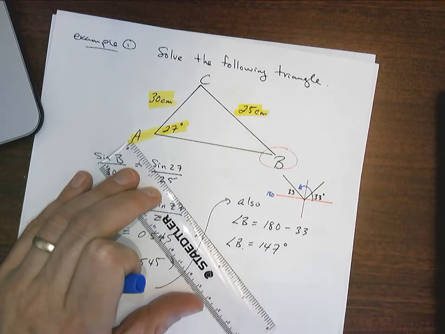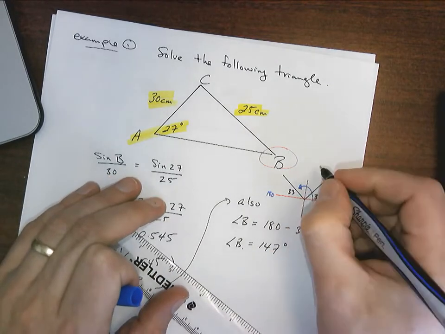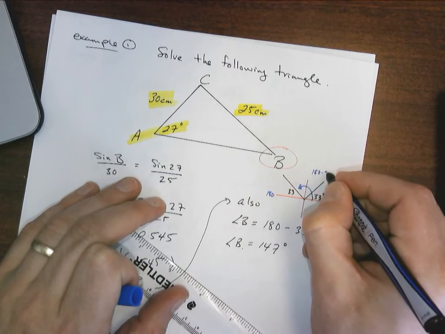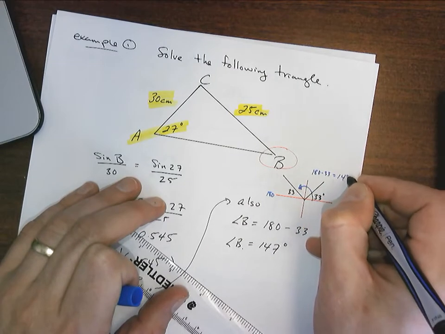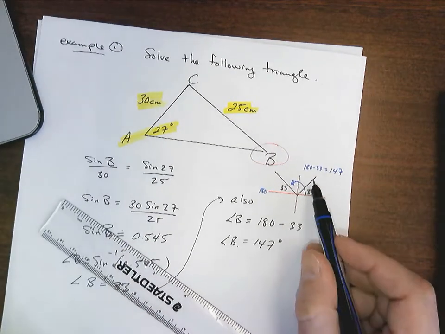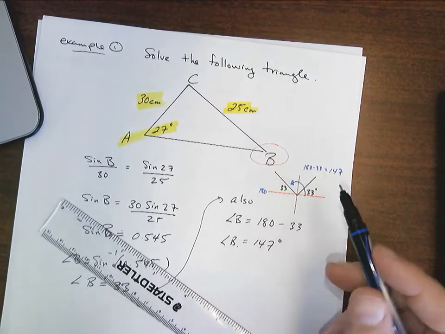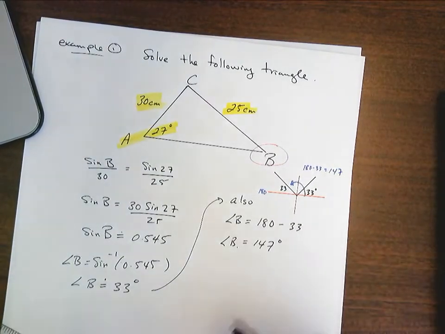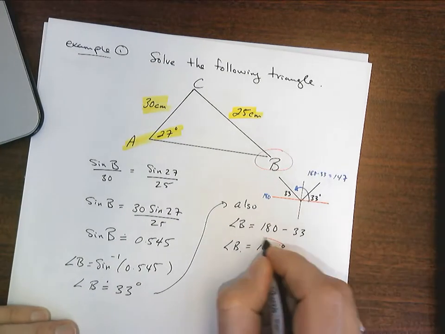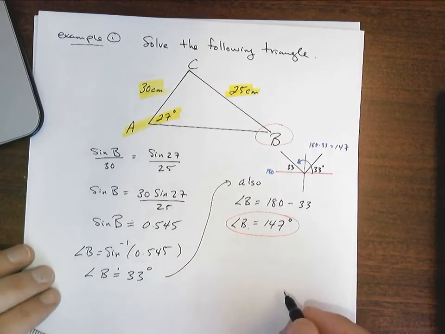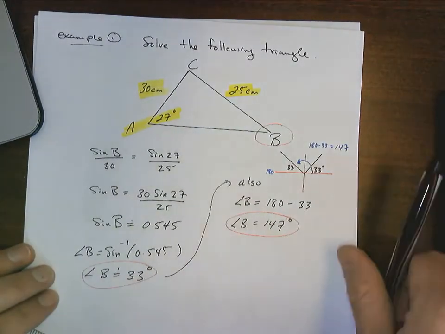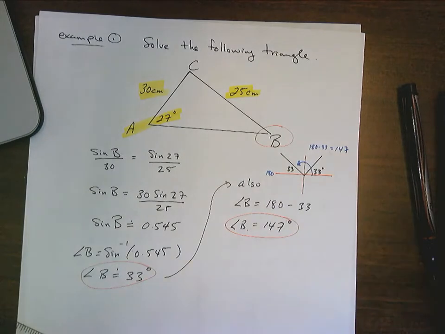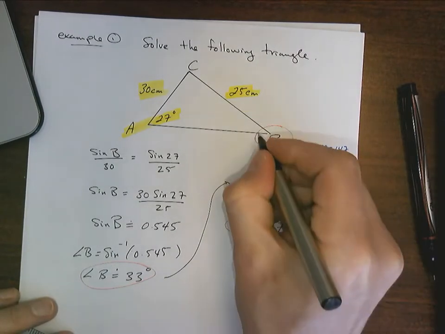So it's going to be 180 minus 33, which is the 147 that we have here. I'm not going to have to draw this every time, but I certainly want you to understand where it's coming from. So these are our two possible answers for B. We have B could be 147, or B could be 33 degrees. That's this angle.